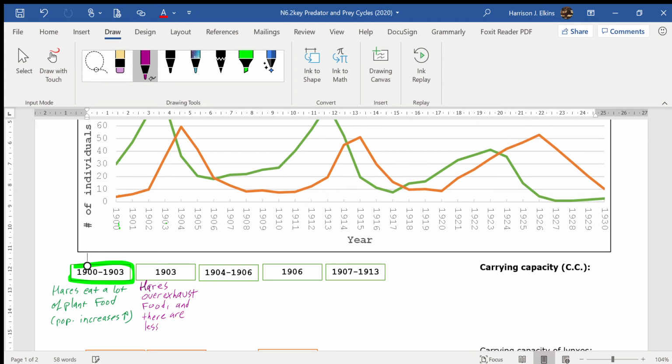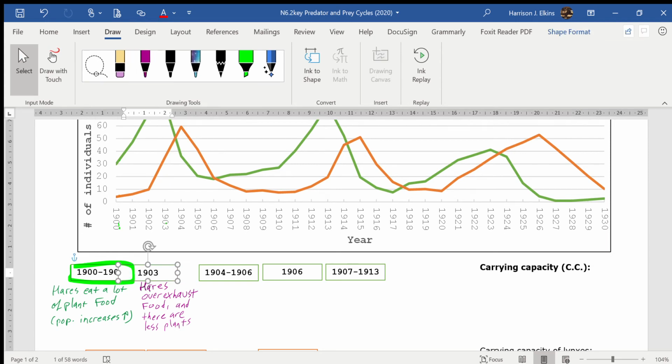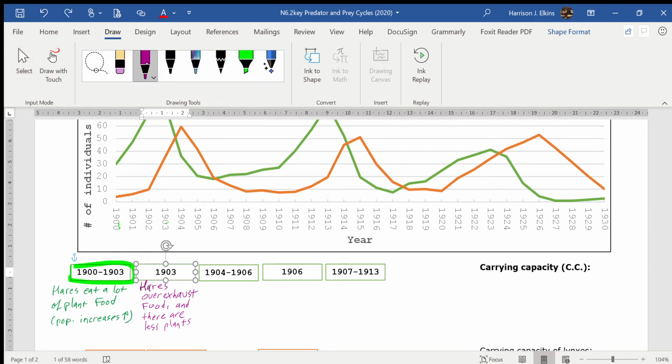At this point, if we were to graph the plant population, we would see the plant population decreasing right there as the hares are eating that. So that's happening in 1903. So the hares overexhaust the food. There's less plants, so they reach this peak here.